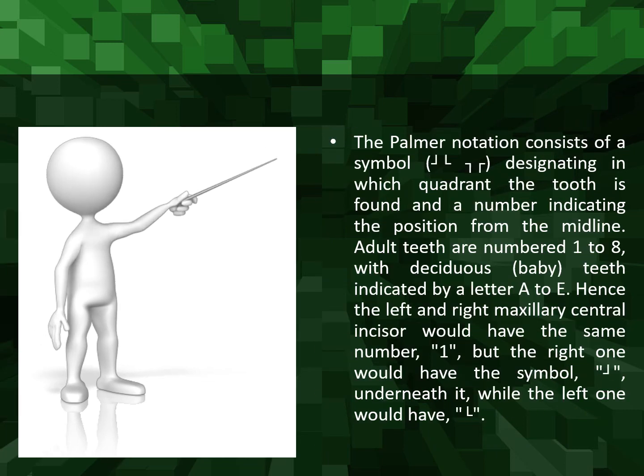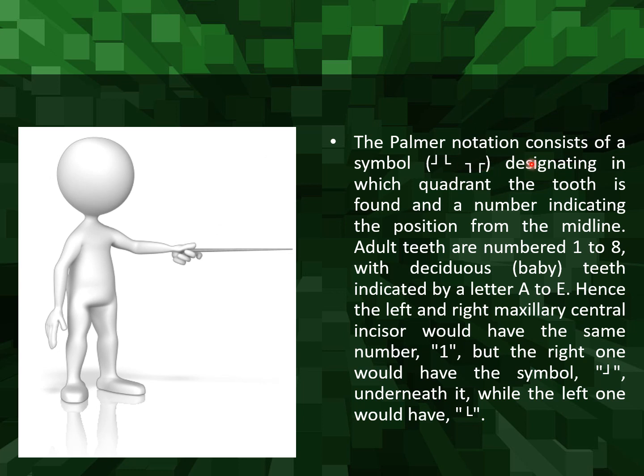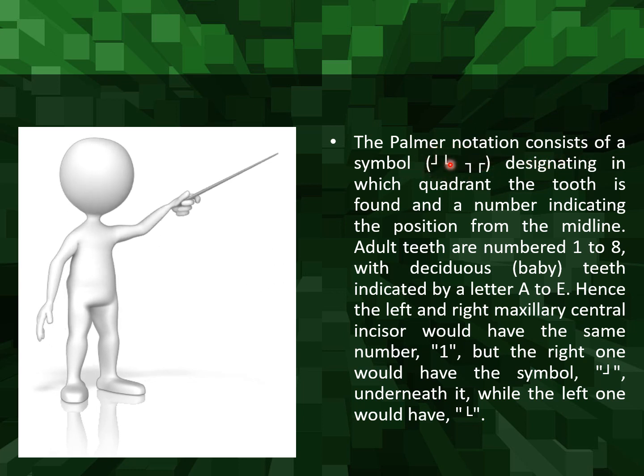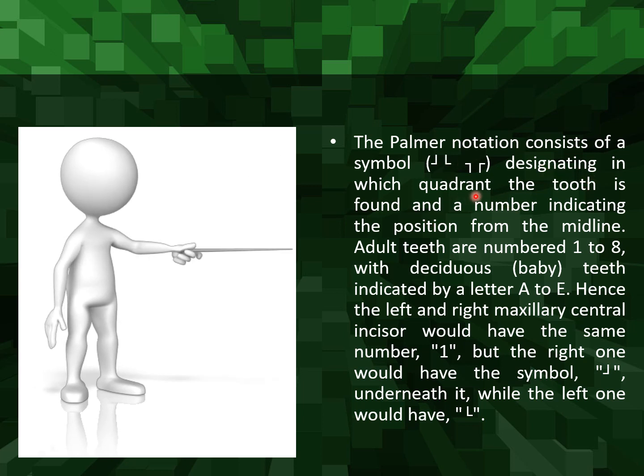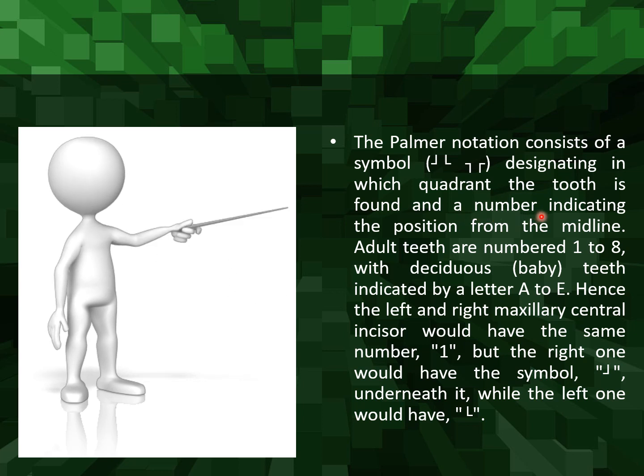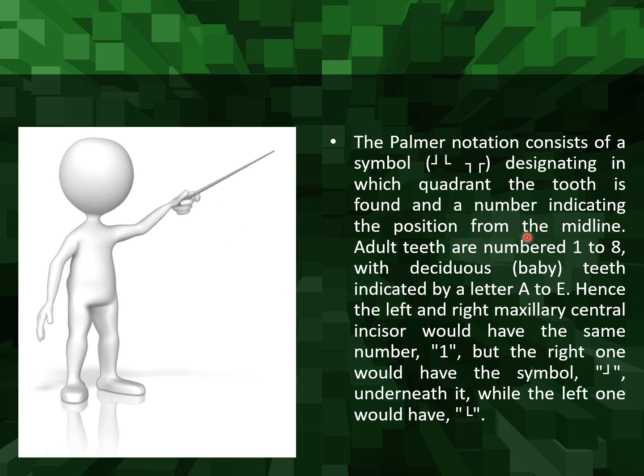The Palmer notation consists of symbols like this one, designating in which quadrant the tooth is found, and the number indicating the position from the midline.